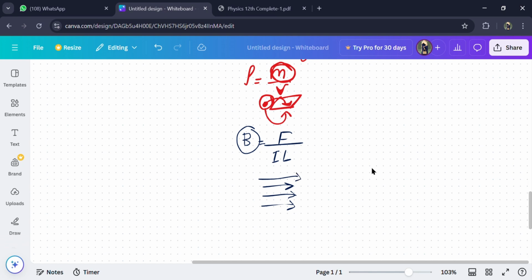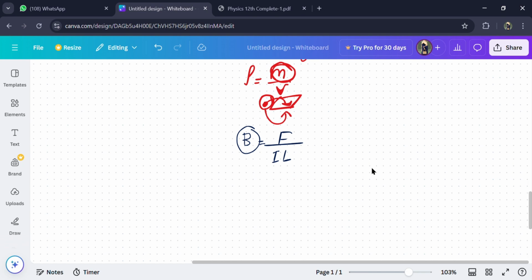Somehow this is the magnetic field, multiplied by the force applied to the surface because of that magnetic field line. This is known as the magnetic flux density, or you could also consider it as the maximum number of lines passing through a surface. This is called the magnetic flux density. I hope that it is clear to you.